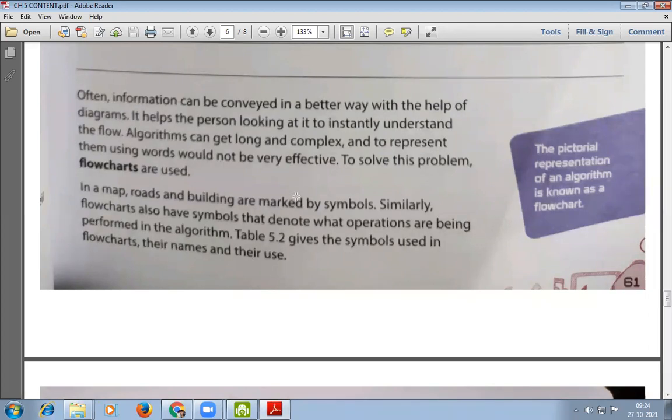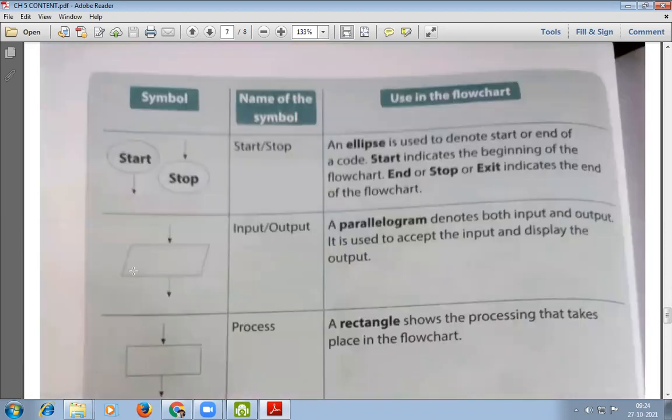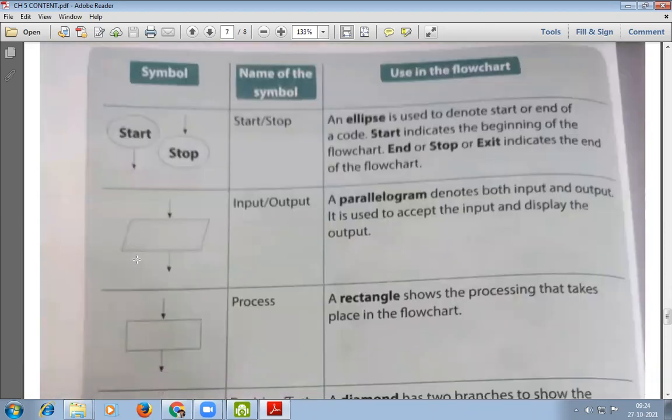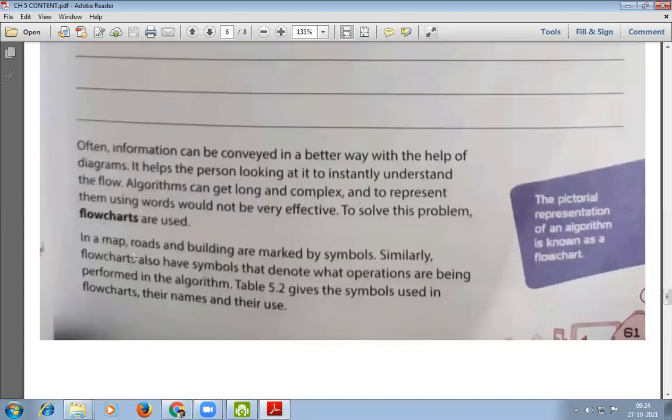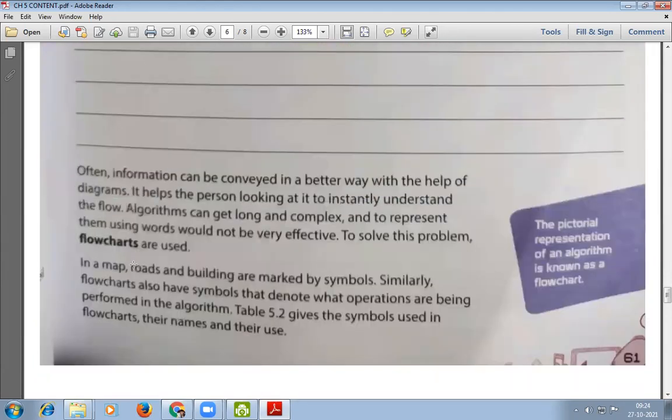So on page number 62, it has been given that the symbols used in flowcharts. Basically, on page number 61, we understand that a flowchart is more effective than an algorithm.